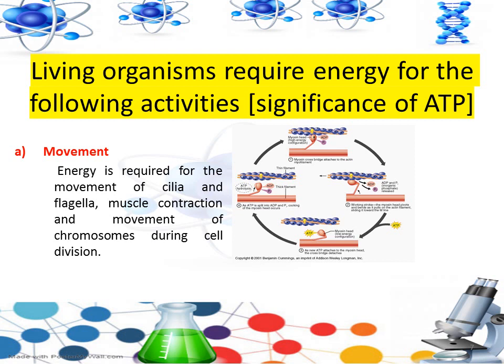So how can the muscle contract, how can the muscle relax? There is a protein inside the muscle, which we call myosin. In order to do the muscle contractions, there must be a source of ATP. So ATP is very useful to make a movement. Have you ever imagined how chromosomes can move during prophase, metaphase, anaphase and telophase? All of these are with the help of ATP.